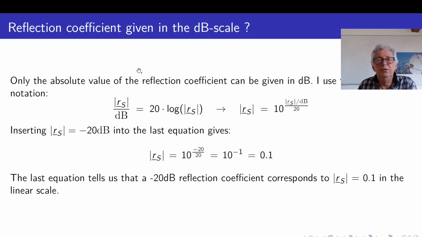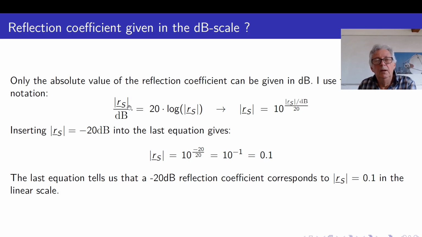There exist different notations in the literature, and I use in principle this notation, which says the absolute value of RS in dB is equal to 20 times log the absolute value of RS. So from a strict mathematical viewpoint, this equation is wrong.